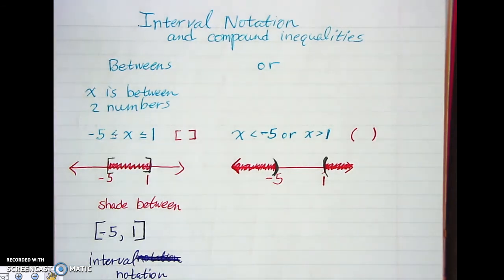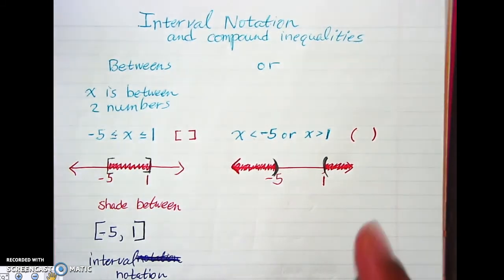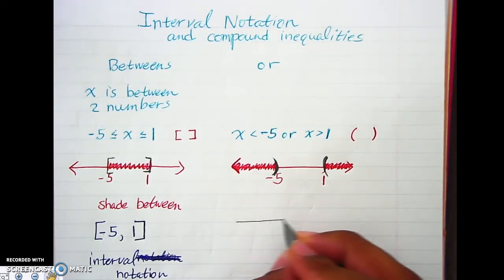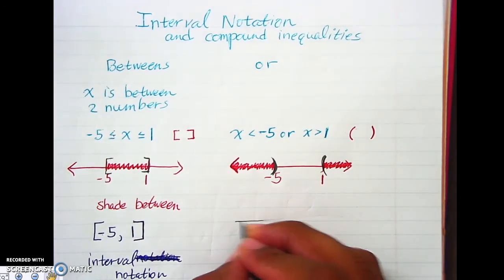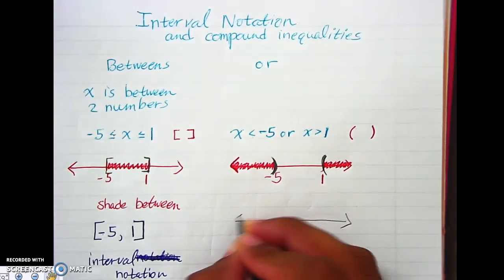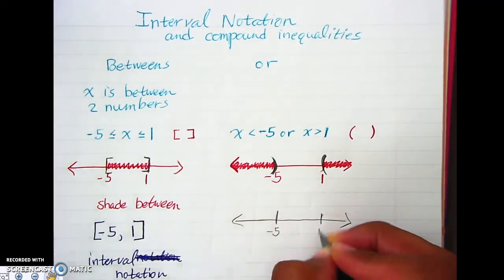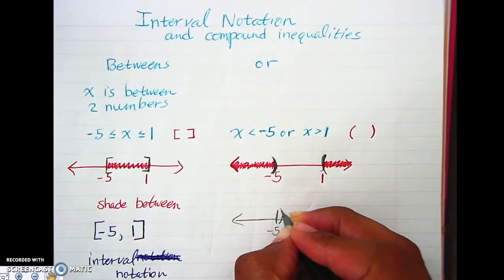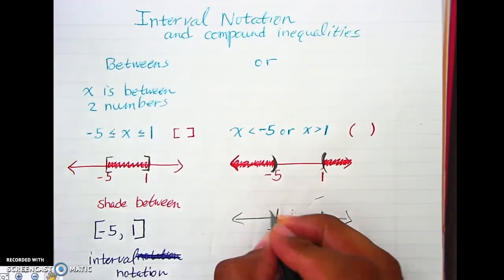But the thing I do want you to understand and remember is, if you look at each one of these, I'm going to draw one and mark it out because it's going to be wrong. I don't want you to do it this way. If you look at the way I did it, I did not put the parenthesis back here behind the line, and I didn't put the parenthesis in front of the line up here.